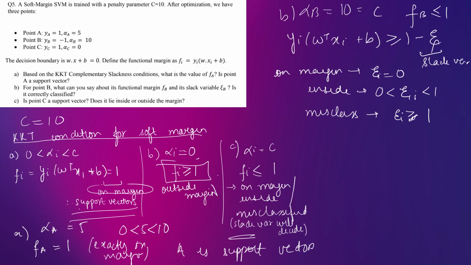Now, since it's equal to C, it will be either misclassified or inside the margin. It is not equal to 0. So that means, therefore, it will always be greater than or equal to 0.